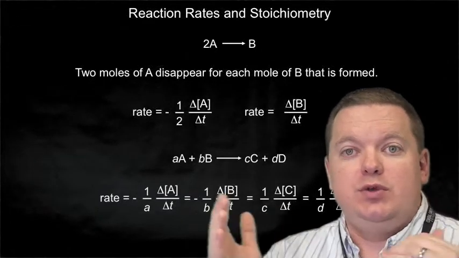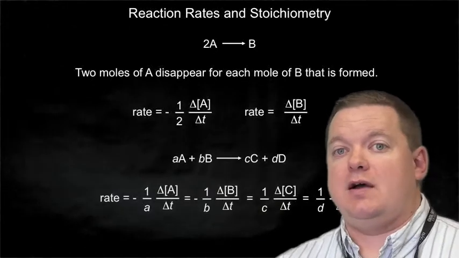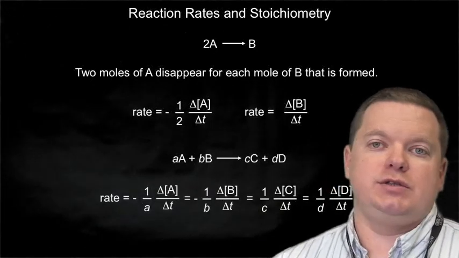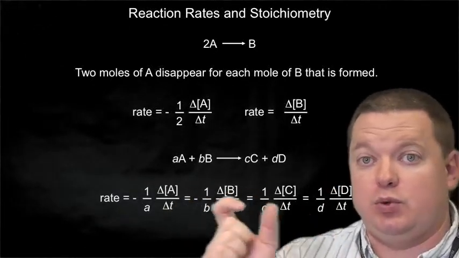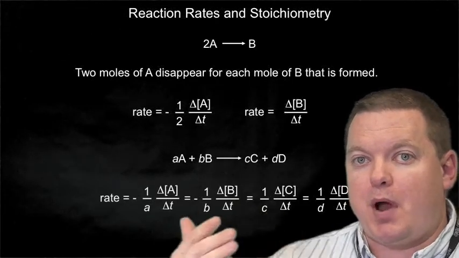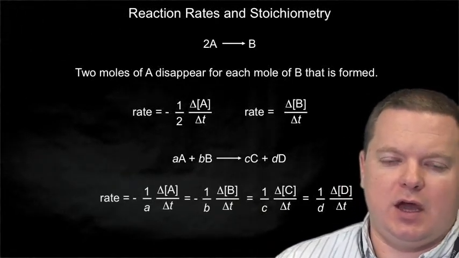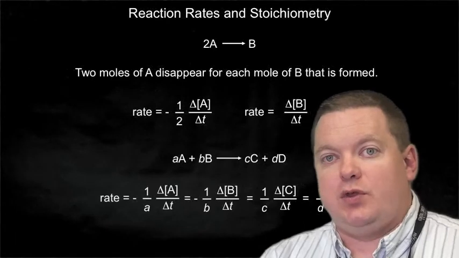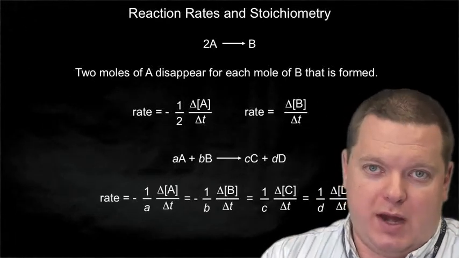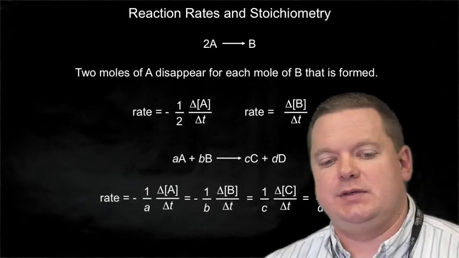So we can use this molar ratio, just like we have in all the other reactions, to relate not only between those, but through this idea of rate. So we can convert to the rate of anything if we know the rate of change of one species.